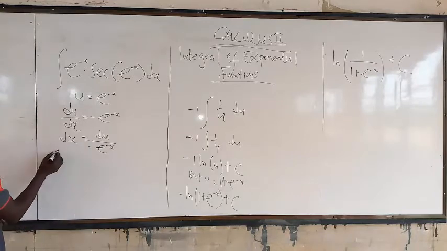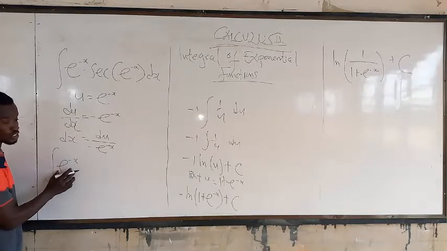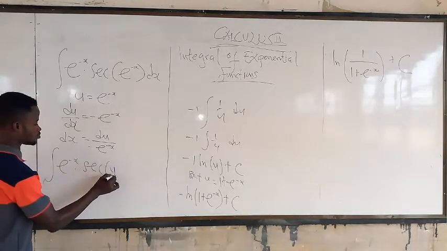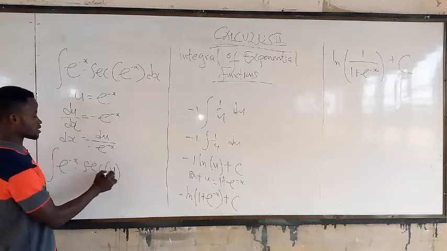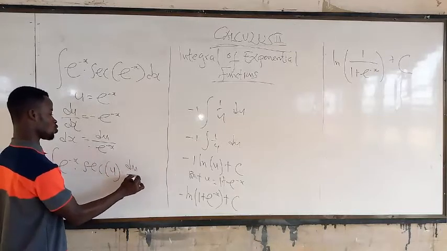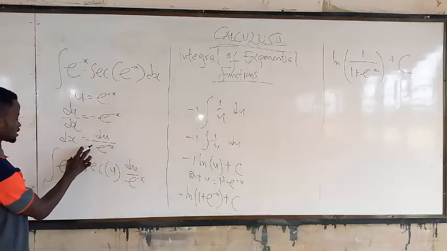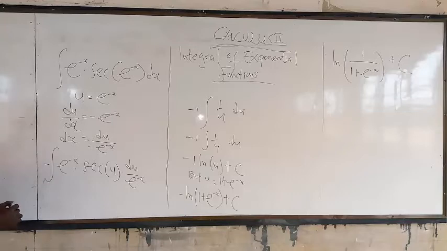Alright, so by substitution, e raised to power negative s is not u, then it's sec u. Then ds is going to be du over e raised to power negative s. Don't forget this negative will come out.